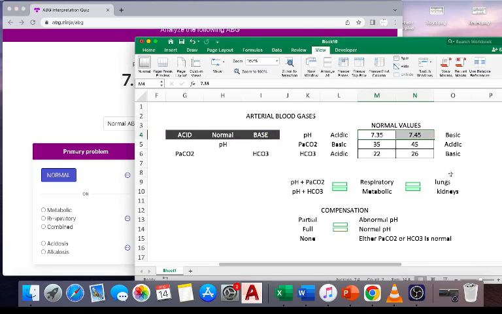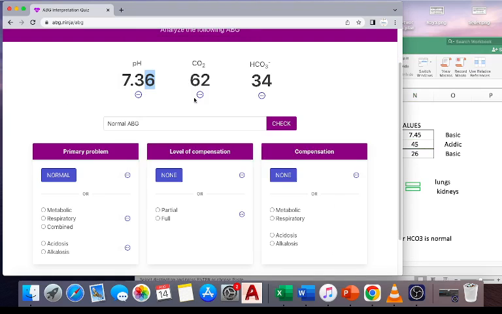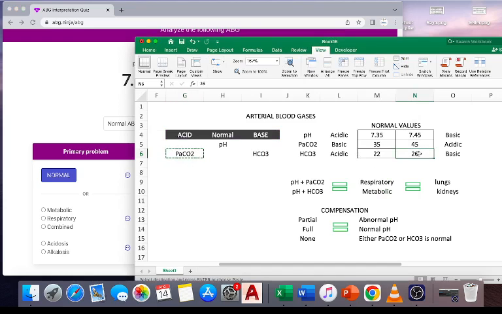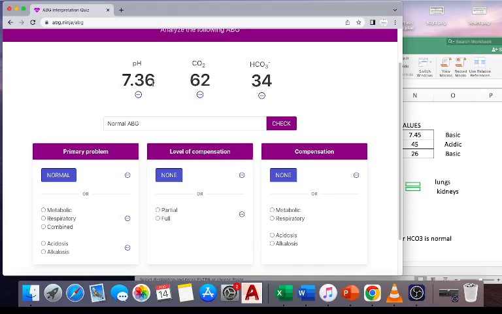CO2 is 62, more than 45, it's acidic. And bicarbonate, 22 to 26. If it's 34, it's basic. Okay, so here, notice we don't have two on the same column. So what we're going to do here is look at the pH value, 7.36.